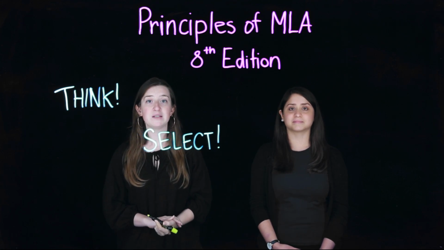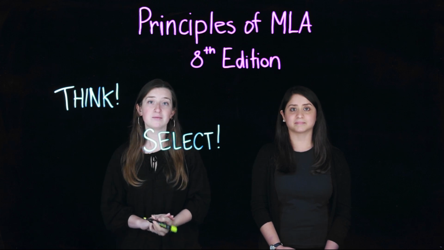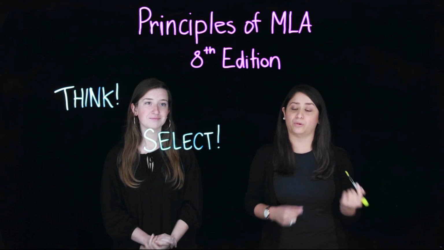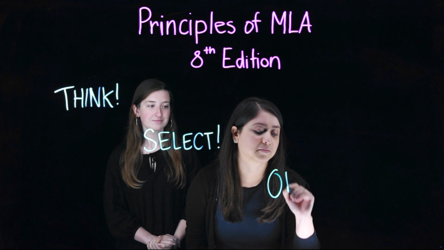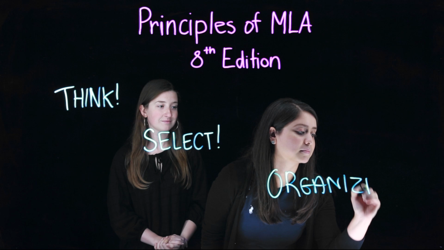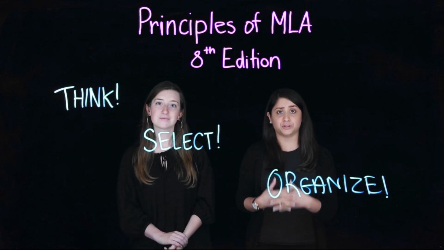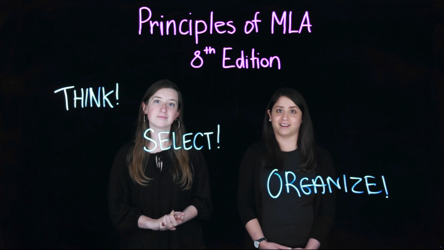Select the kind of documentation that best fits your source and your particular situation. And lastly, you want to organize. Organize your sources in a way that is useful and easy for your readers to find.